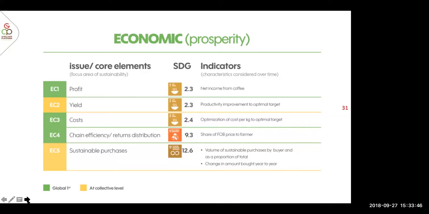And last but not least, on the issue of sustainable purchases, this definition has been agreed upon, especially from the GCP side, by retail members and roaster members who have agreed to report at that level.